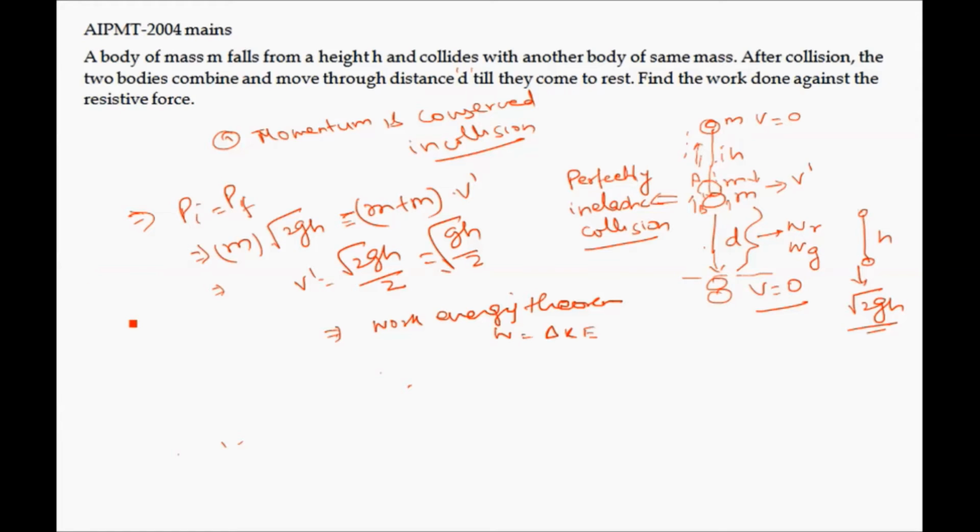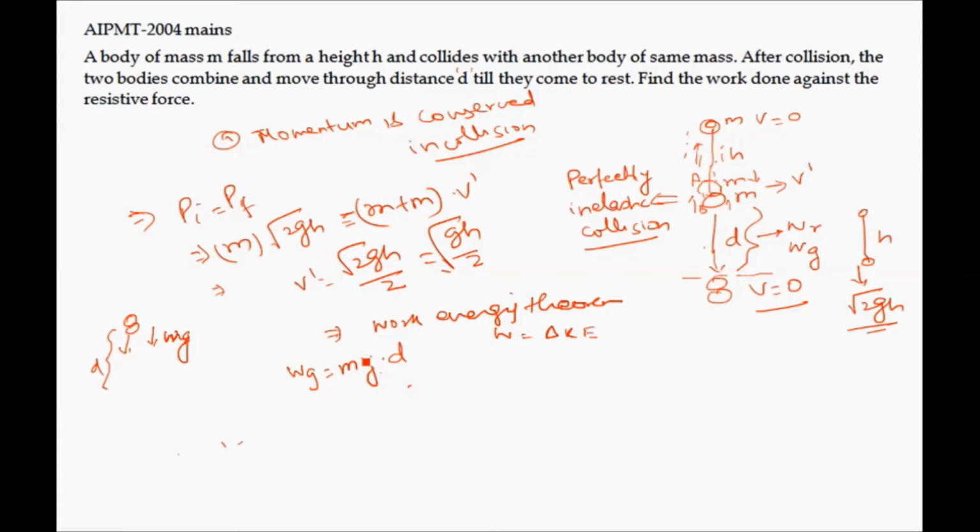When the ball is moving downward, the gravitational force acts in the downward direction and its value is mg. If it moves through a distance d, then the work done by the gravitational force is Wg equal to mg into d.